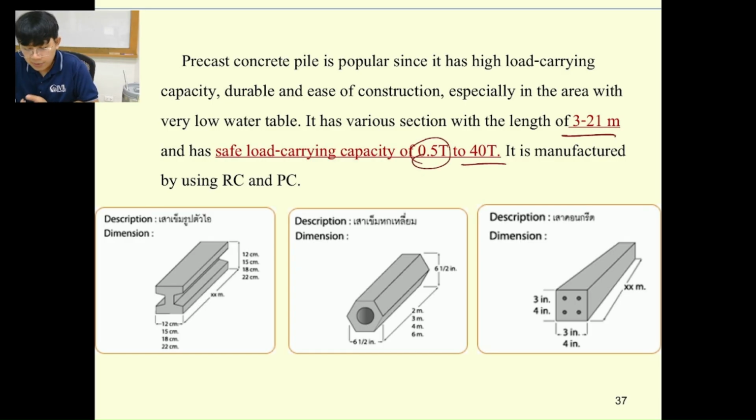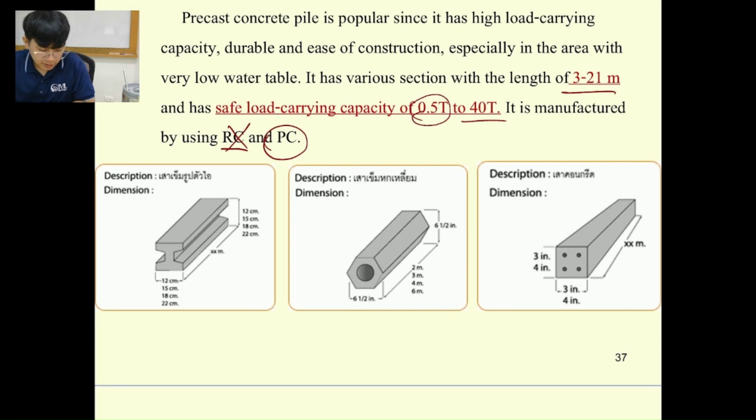It can be produced in two types, RC and PC. But RC is not really that famous to construct because it has low strength and high material cost compared to the PC one. PC provides really high strength and high deformation.